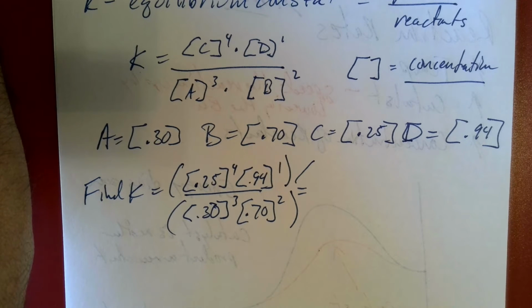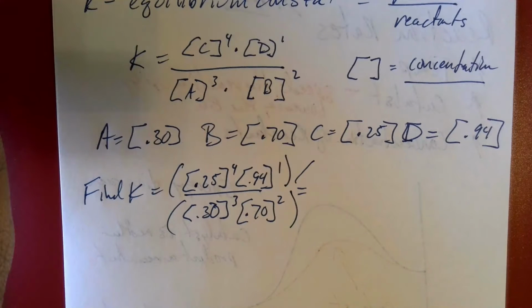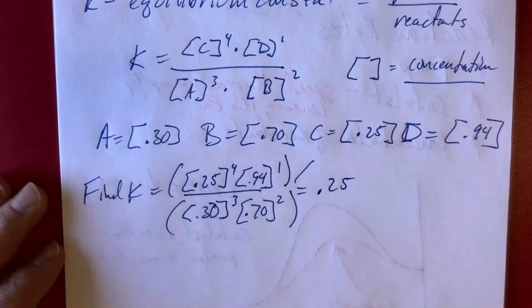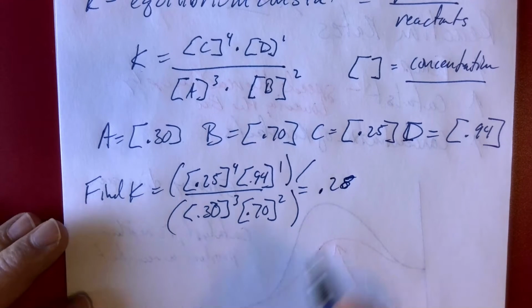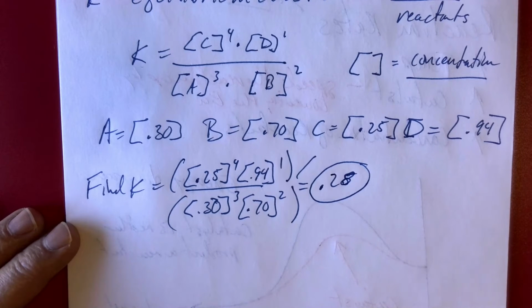It's 0.28. Anybody else get 0.28? Yeah, I did. Yeah, 0.28. Alrighty, then. Then they'll say, okay, that's my K. And then they'll ask you, what does that K tell me?